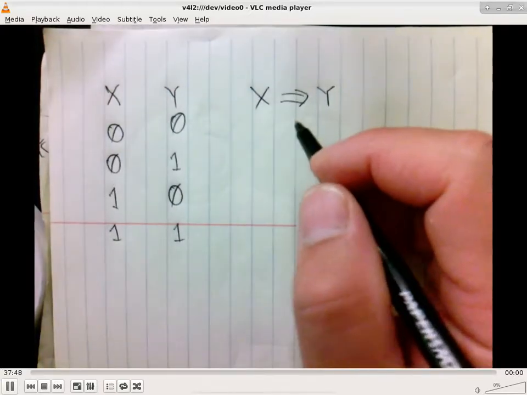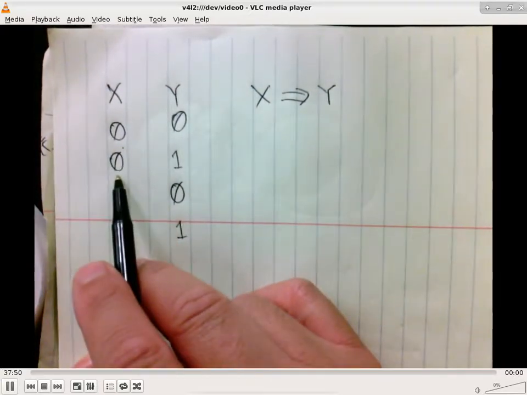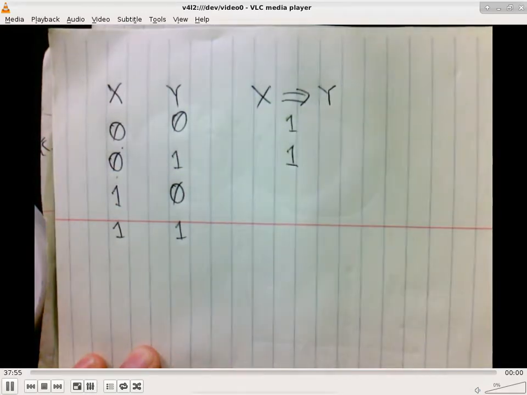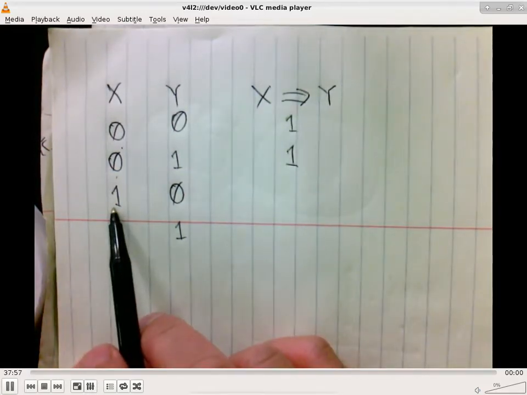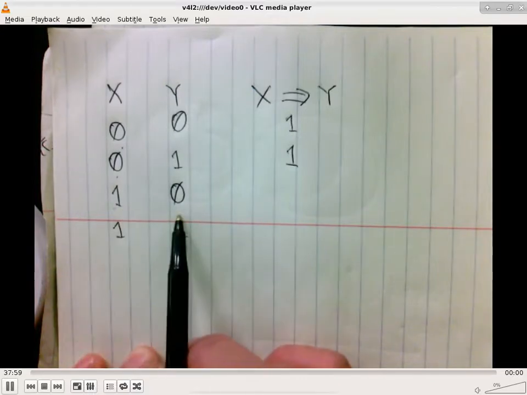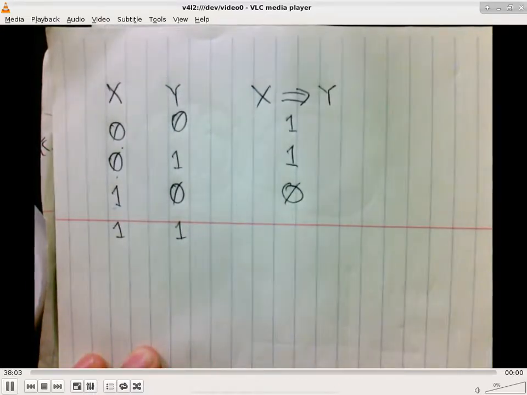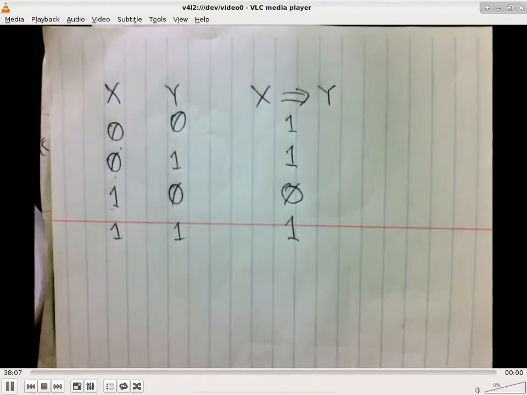By definition, anytime x is false, the implication itself is true. But when the first part is true and the second part is false, that is the only time you can say the implication itself is false. And then the last one is true as well.